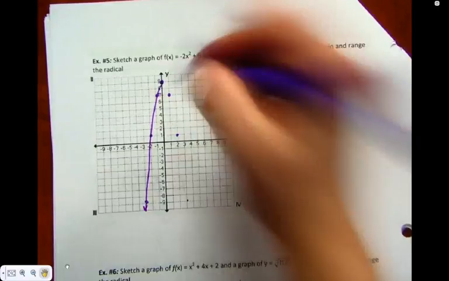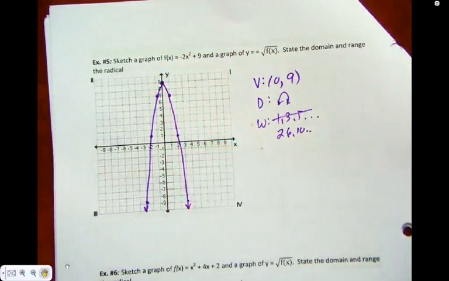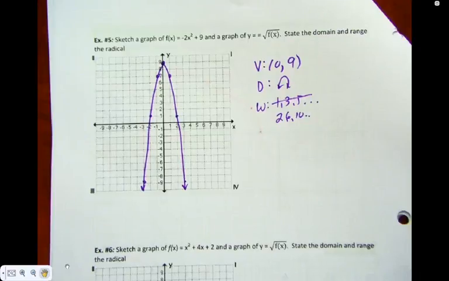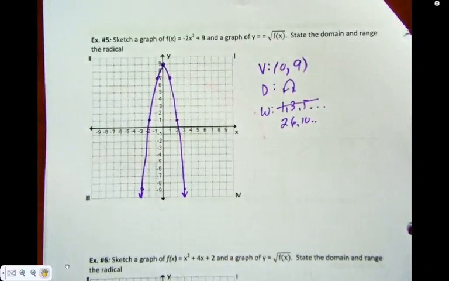Very rarely do we actually have to count that 10. Same steps every time.